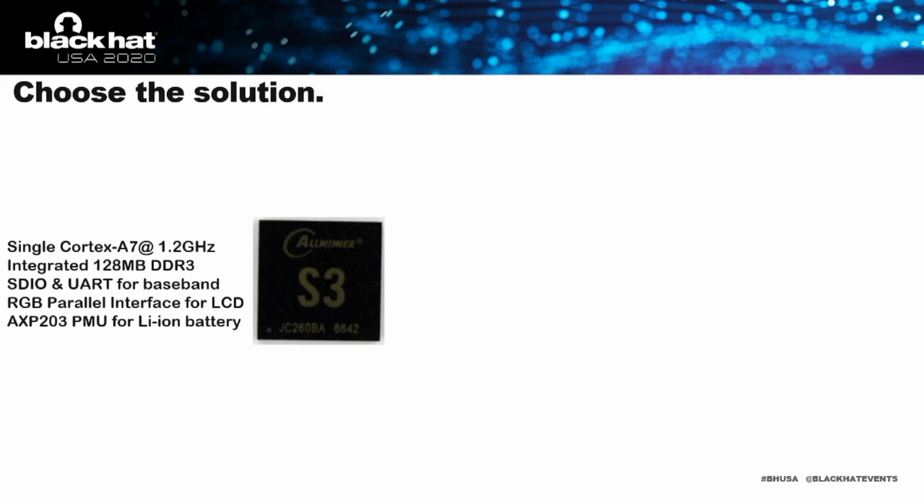It integrates a single-core Cortex-A7 based SoC with 128 MB DDR3 RAM in a small BGA package. This chip will simplify the carrier board design, and the integrated DDR will also make the final product much smaller. Most importantly, it has the ability to run the Linux kernel.